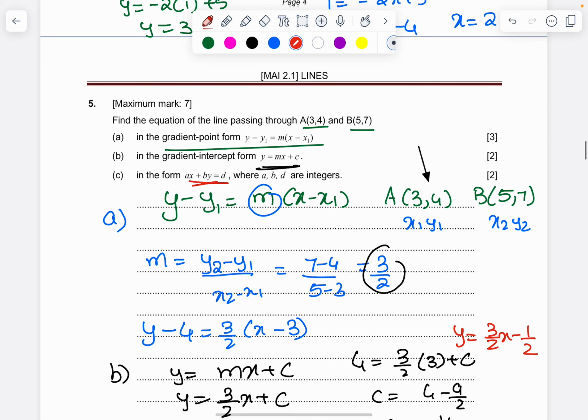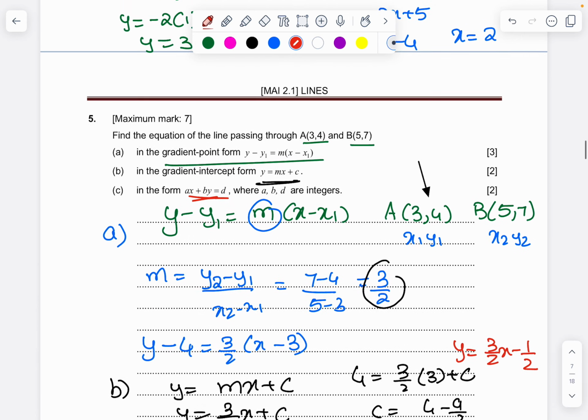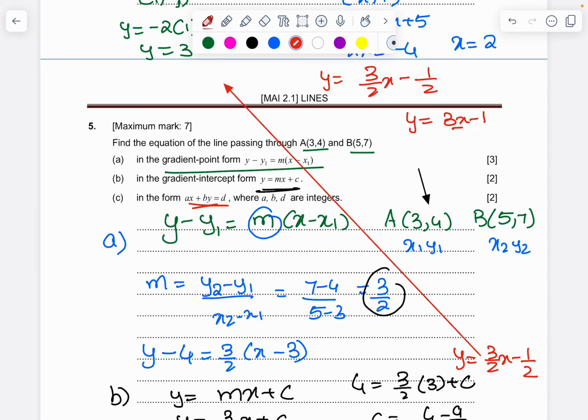Then in the form of ax plus by equals d. So what am I going to do for that? I am going to take this same equation, y equals 3 upon 2 x minus 1 upon 2. So what does that become? y equals (3x minus 1) by 2.